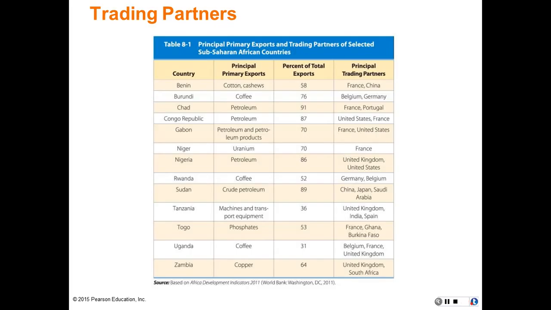Those countries have moved beyond other regions to those countries that have a high demand for petroleum, such as the United States and China. So we see Sudan has a petroleum trade with China, Japan. We see that Nigeria has a petroleum trade with the United States.